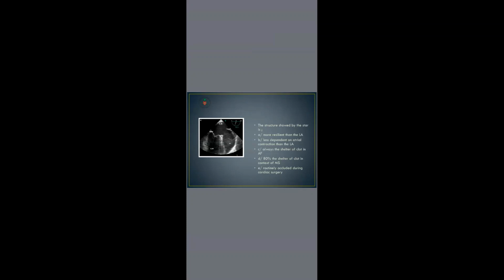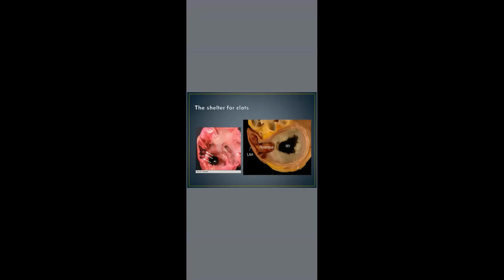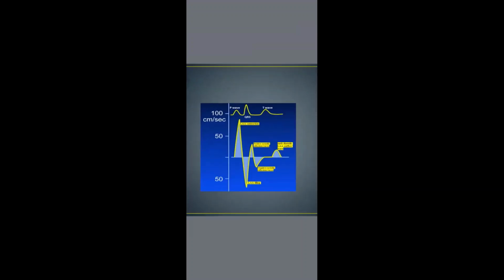Look at this one. This is the LA appendage, right? The LA appendage is kind of an out-pouching from the LA cavity on the anterolateral wall. It goes out of the cavity and rests on the LV to some extent at the atrioventricular junction. Okay, look at this flow signal.